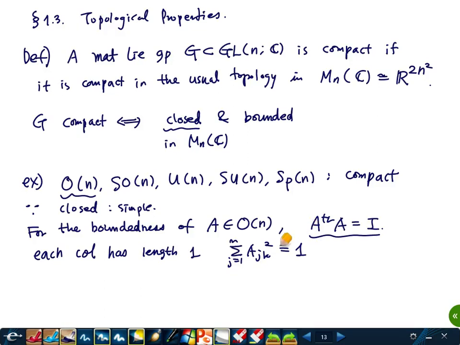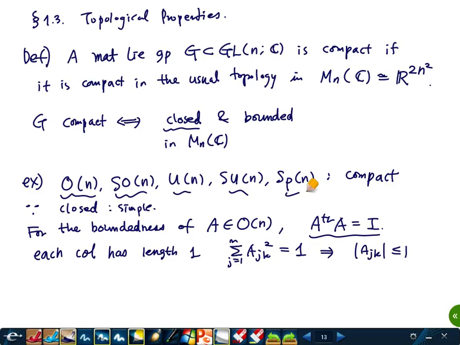From this, you can obtain that every entry is less than or equal to 1, because they are squared and sum to 1. So because every entry is bounded by 1, it is bounded. So it's closed and bounded, so it's compact. This can all be done similarly.